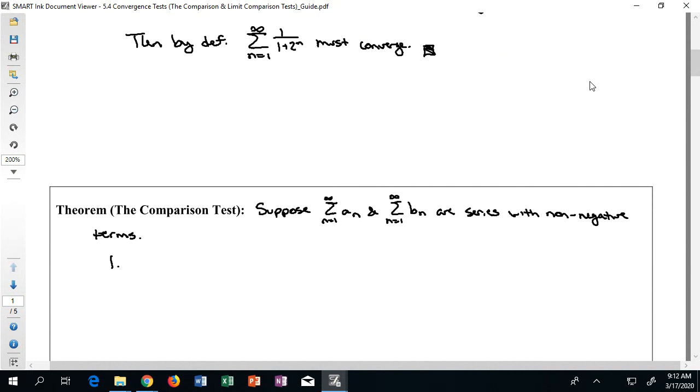Well, once I have that, then I can reach one of two conclusions. Let's suppose that the series with the B sub n is convergent, and A sub n is less than or equal to B sub n. So again, that means the numbers in the first addition problem are always the same size or smaller than the numbers in the next.